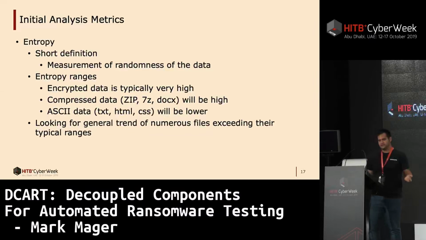High entropy is typically, not always, but very typically associated with encrypted content, because if entropy is a measurement of the randomness of the data, encrypted data also tends to be highly random in nature. Plain text files, on the other hand, are very low in entropy.